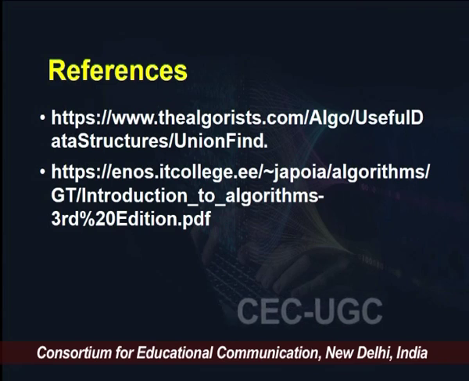Then we have also seen the utility of the disjoint set data structure, or union find data structure, and where it is actually going to be used in Kruskal's algorithm. We will take Kruskal's algorithm in the light of this union find data structure in more detail in our upcoming lecture. Here is a list of references used for the preparation of this talk.